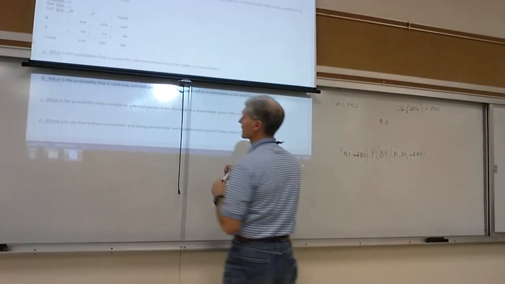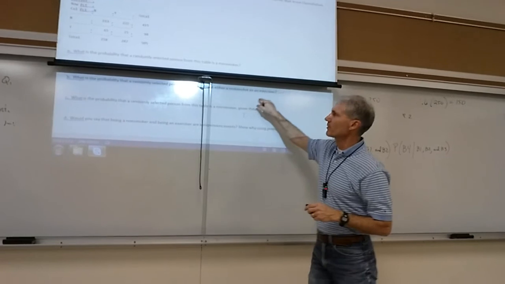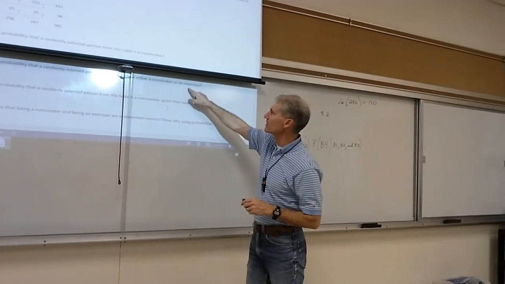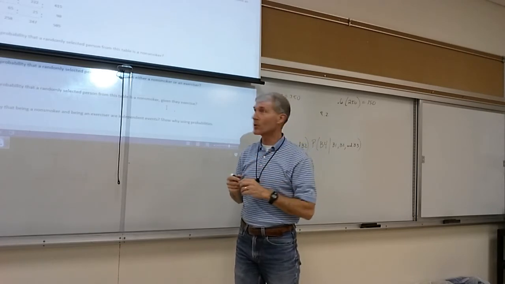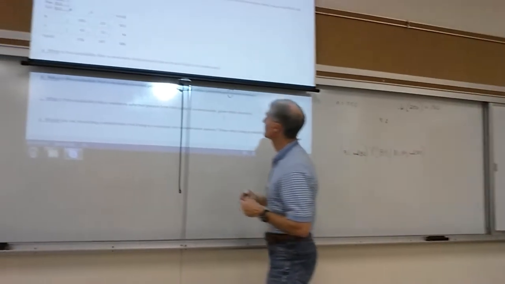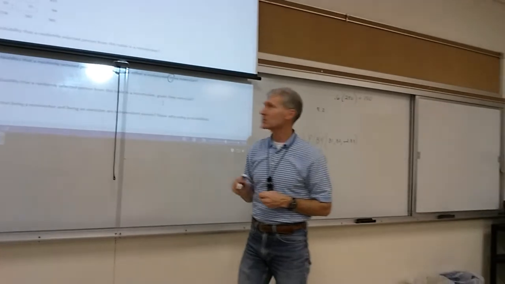So, show your work. So part B, what is the probability a randomly selected person is either a non-smoker or an exerciser? What's the word "or" tell you to do? That's the addition rule.